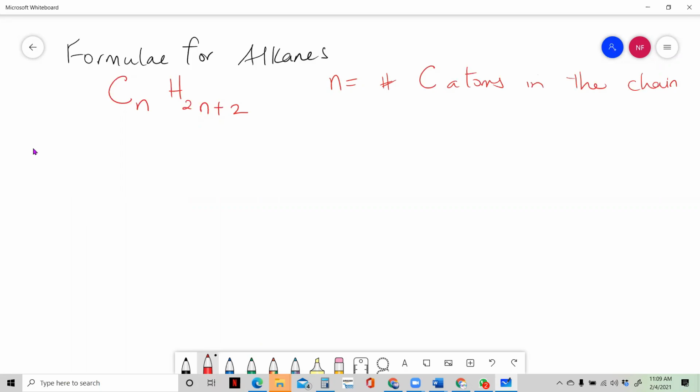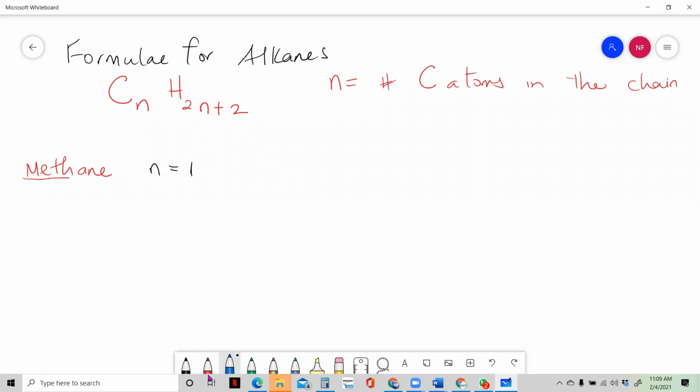So we can pick up some random ones now. Let's start with methane, right? Because I have METH, I know I have one carbon atom. So it means my N is going to be equal to 1. What am I going to do? I am now going to plug this into my formula.